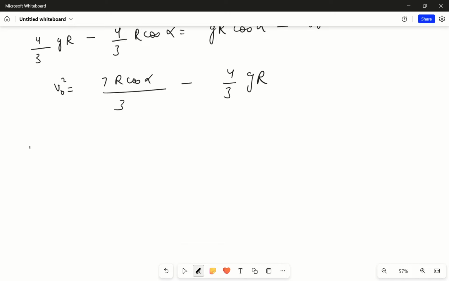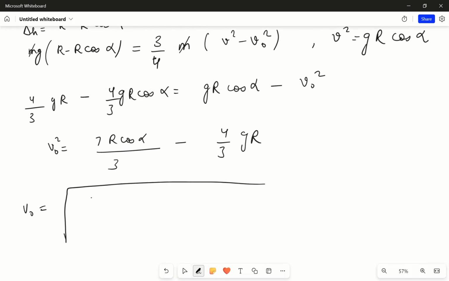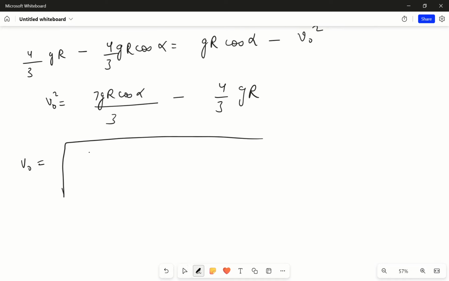Oh, wait a minute, what have I done? Yeah, here it is gr. So it also is gr, and we can take gr by 3 common, and the answer would be 7 cos alpha minus 4. So this is the answer, right?